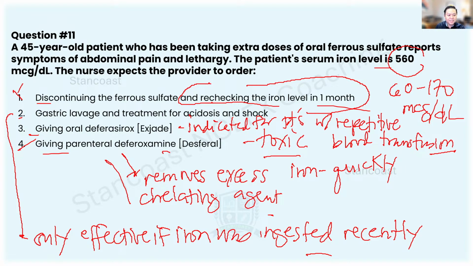Again, Exjade is also a chelating agent, but this is more effective in those patients that have been getting blood transfusions frequently, which can lead to iron overload, but will not be effective in treating this patient that has ingested the iron pills for a long time. So definitely different indications. Okay, so our correct answer here will be the number 4 option.